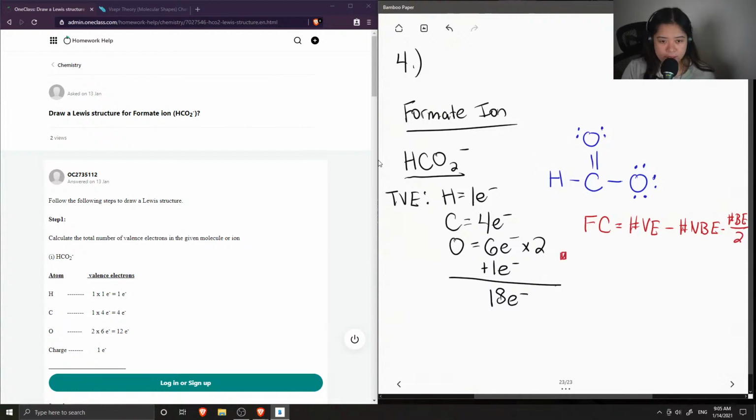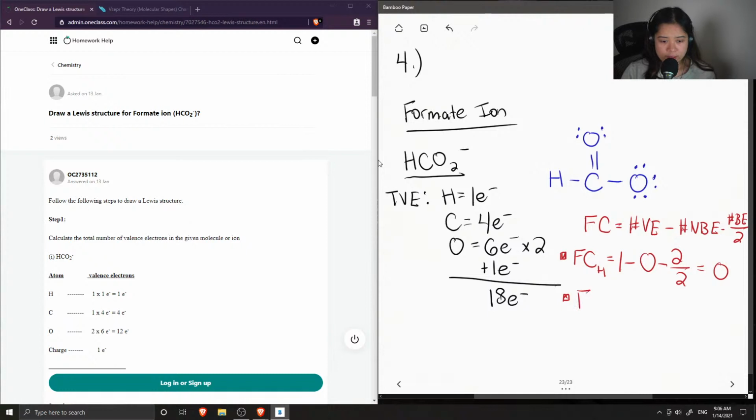Okay, so let's see what the formal charge of hydrogen is. So hydrogen has 1 valence electron. There are no lone pairs on hydrogen either, so there are 0 non-bonding electrons. And finally, there's a single bond to the hydrogen, so we have 2 bonding electrons divided by 2. So hydrogen has a 0 formal charge.